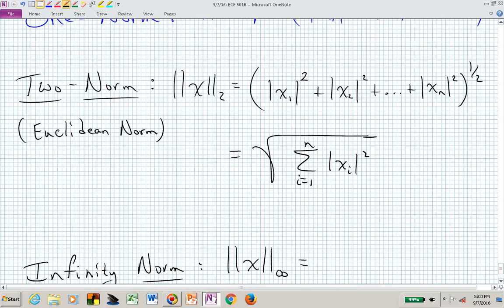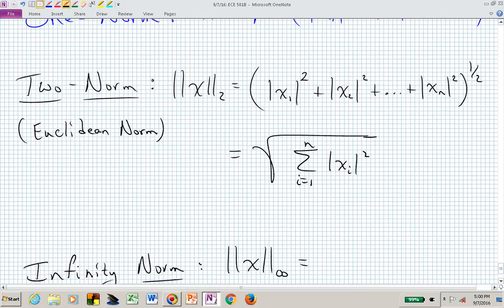We take the magnitude of each of the coordinates, we raise that to the infinite power, and what's going to happen to the relationship between these coordinates?